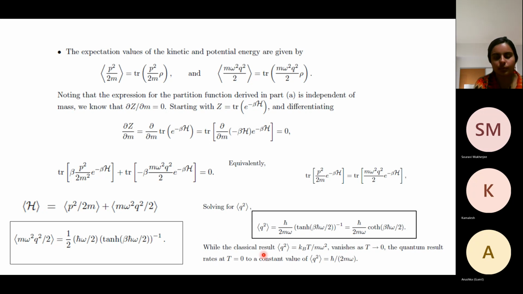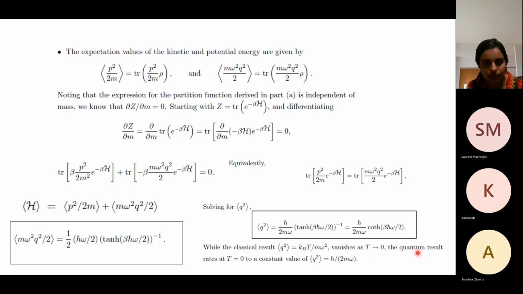Here you can see that in the classical limit you get something like this. This is your classical result, and that happens at high temperature. That vanishes when you go to T equal to 0.